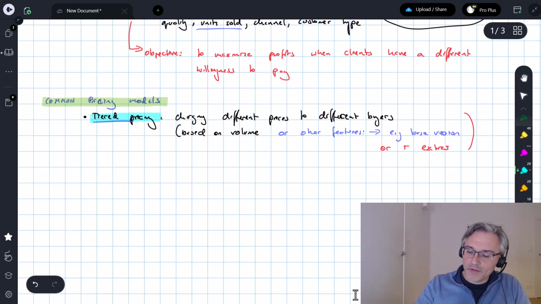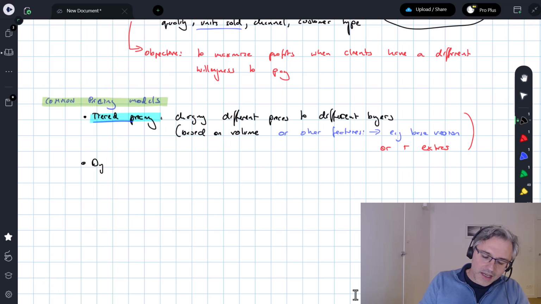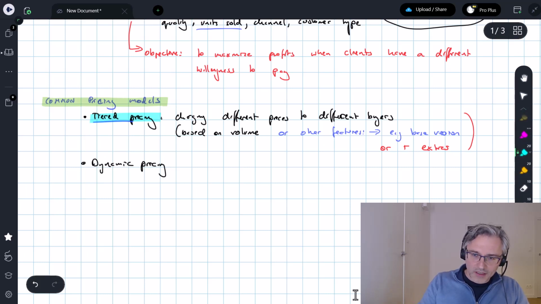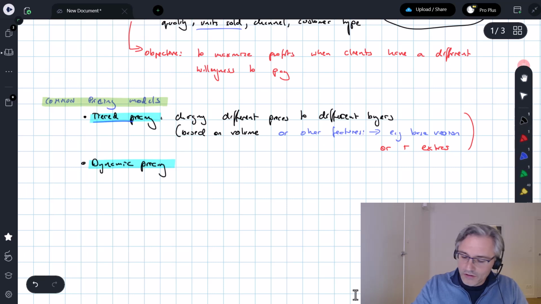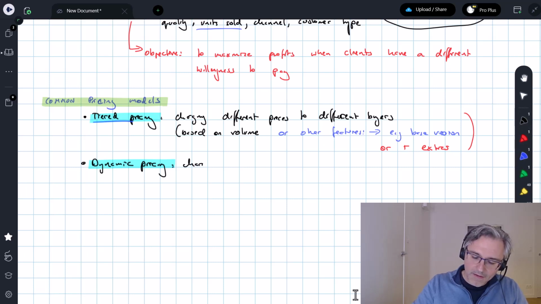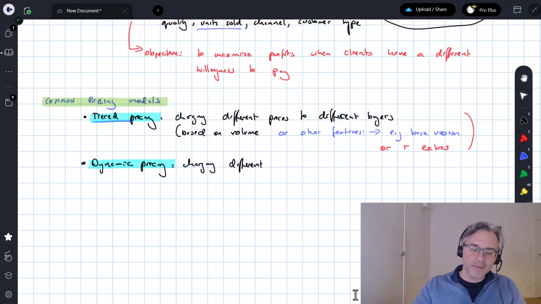So that's tiered pricing. Another one would be dynamic pricing. This is a little bit more complicated because dynamic pricing is typically associated with charging different prices, again, but the prices change depending on time.